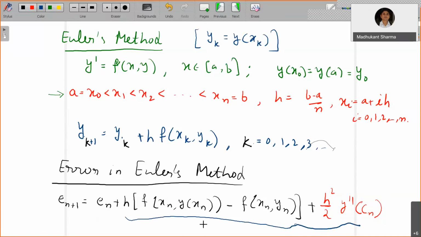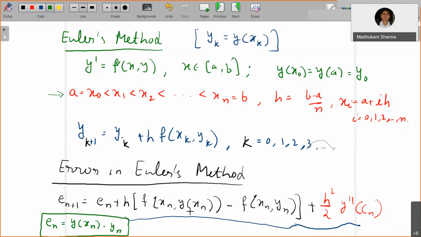Recall that e_n is the difference between the exact value and the approximate value, and this is known as the discretization error.